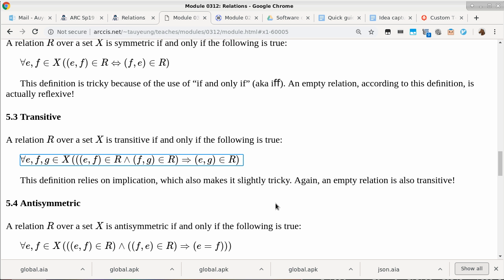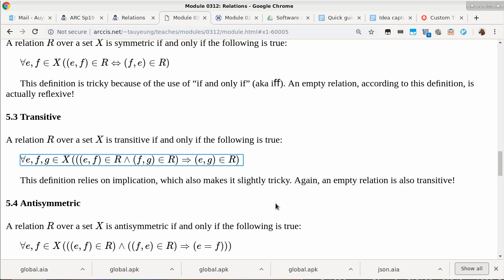But regardless of how you choose the values of E, F, and G, this part has to be true. That part basically says, if EF is in R and FG is in R, then EG has to be in R. But it's one-way. It's not if and only if. This is a one-way implication. Is that okay? All right.